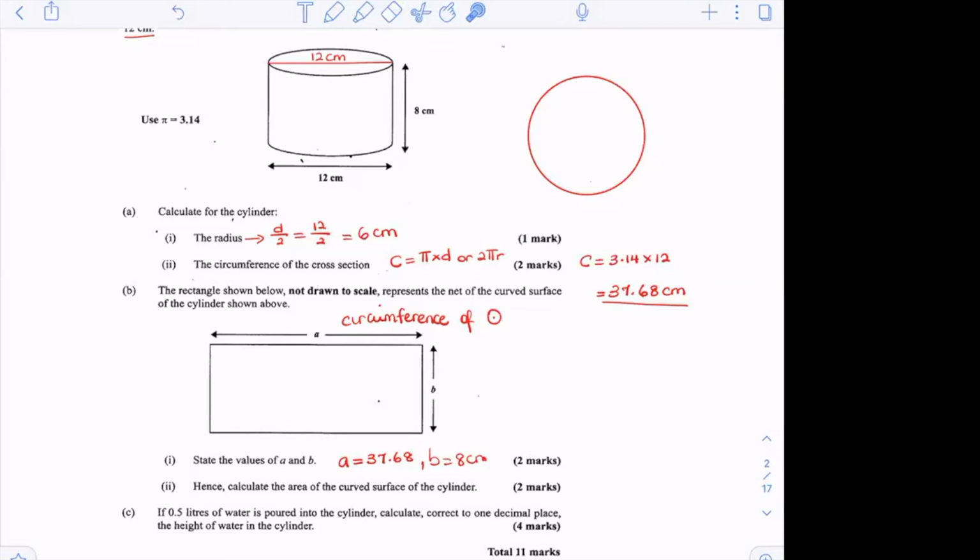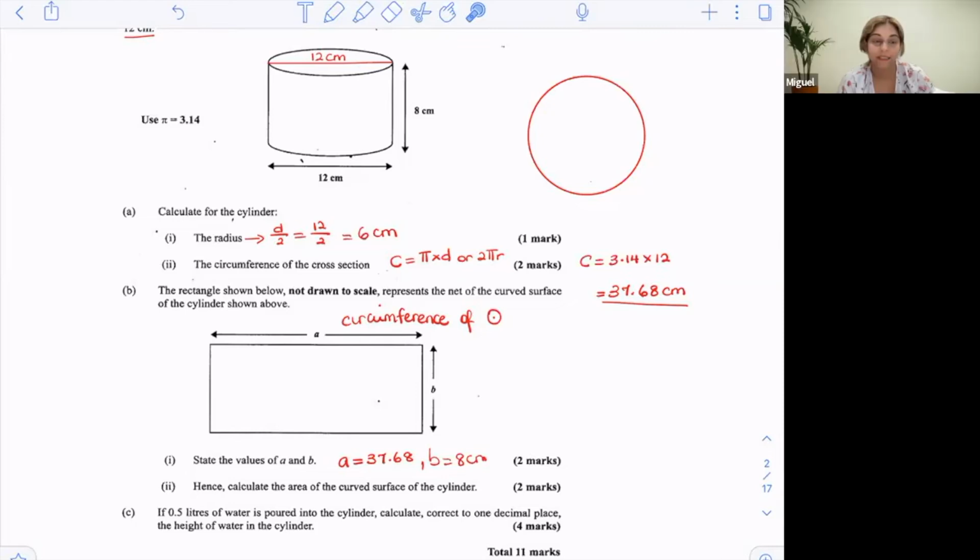The area of the curved surface is 2 pi r h.